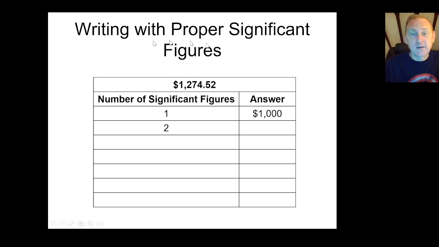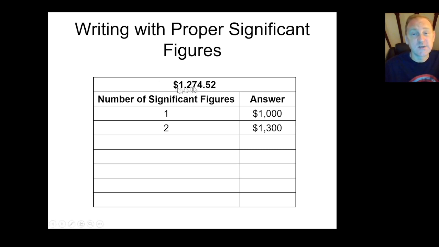So let's take a look at this number now with 2 significant figures. If your calculator comes up with this number, but you need to record it with two significant figures, you would take the first two numbers, and if the third number is 5 or greater, you would round up. So if it cost you $1,274.52, you might say this phone is about $1,300, and that makes sense.